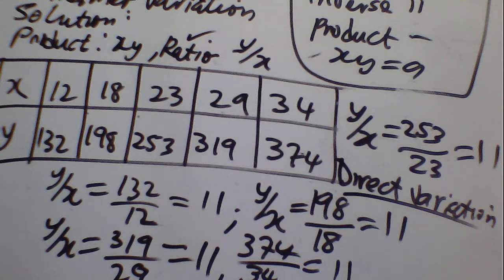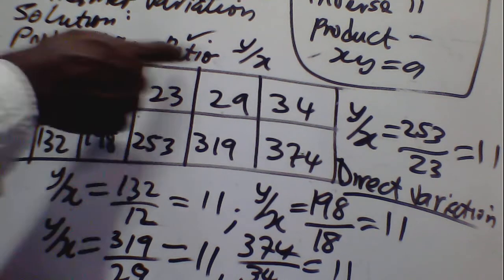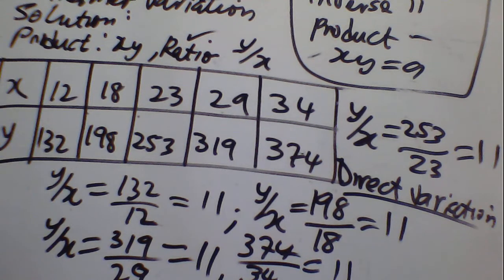So this is one method you use to identify whether a given set of data is in direct or inverse variation or neither, using the product rule and the ratio rule. In this case, the ratio rule we used shows that the ratios of the data pairs are constant.